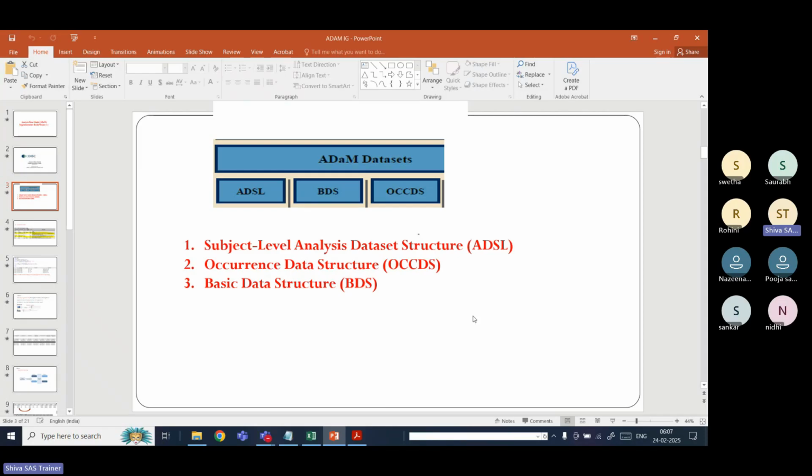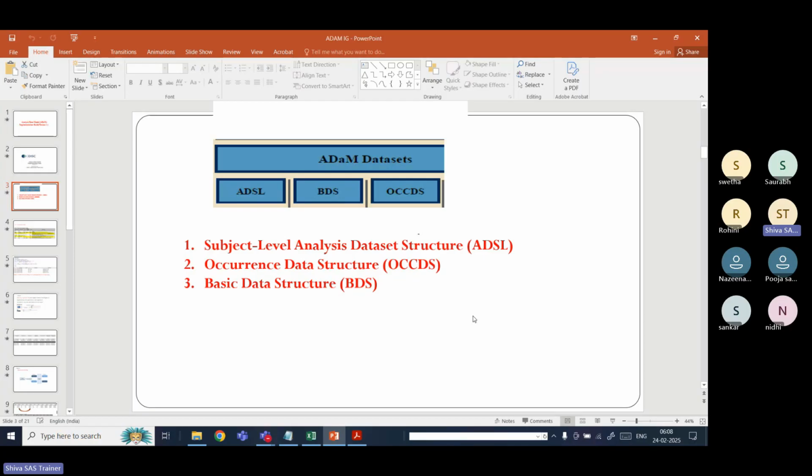As per this document, all the ADaM datasets are categorized into three major classes: ADSL, BDS, and OCCDS. In the 1.0 version, we don't have OCCDS. From the 1.1 version onwards, since not all datasets fit into ADSL and BDS, they introduced a new class called OCCDS, the occurrence data structure.